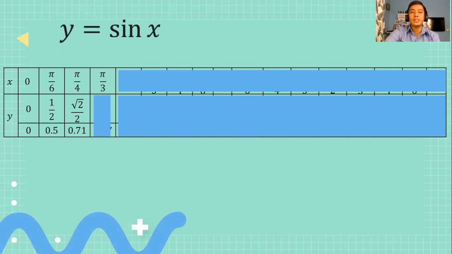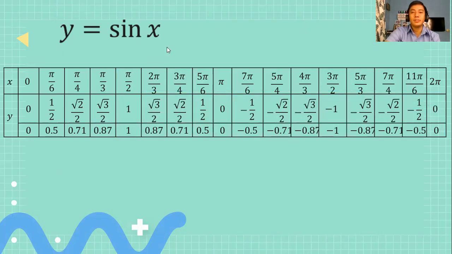Sin 60 degrees or pi over 3 radians is the square root of 3 over 2, approximately 0.87 in decimal form. The rest will just repeatedly have the same values. The sine function repeats periodically with these certain values, and their signs will depend on which quadrant the angle belongs to.